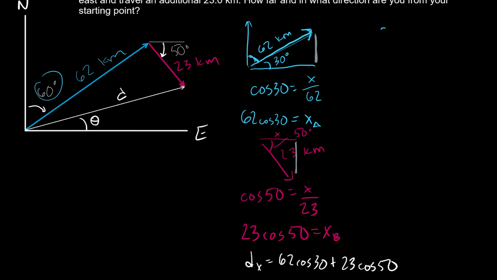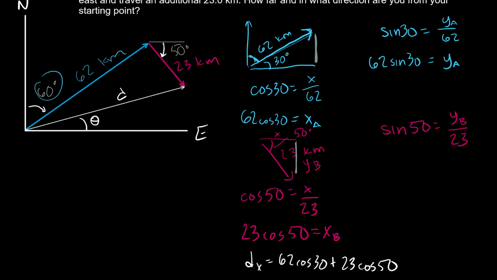The sine of 30 equals ya over 62, so this y component of our first displacement vector is going to be 62 sine 30. Solving for yb, we're opposite again, so sine of 50 equals yb over 23. So yb equals 23 sine 50.